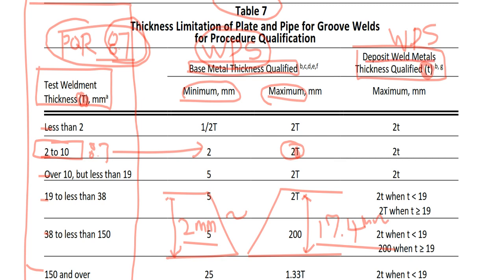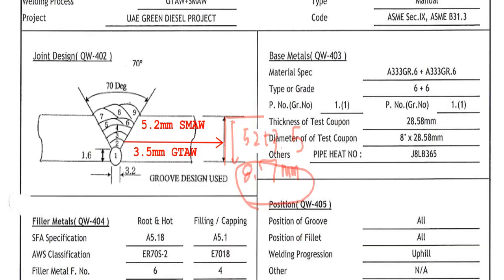And here, deposit weld metal thickness qualified: this weldment thickness is t, excluding this reinforcement, only the weldment between external reinforcement and internal reinforcement.